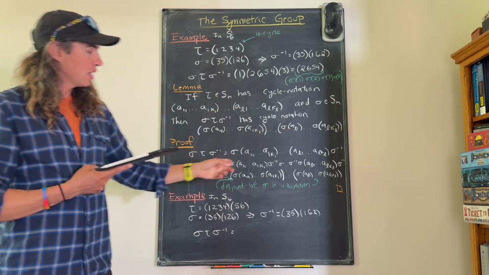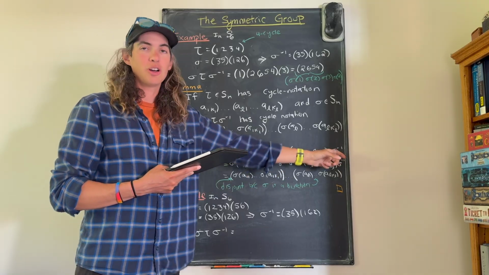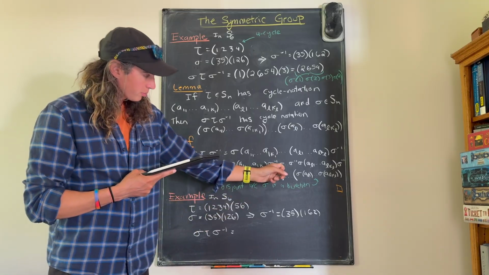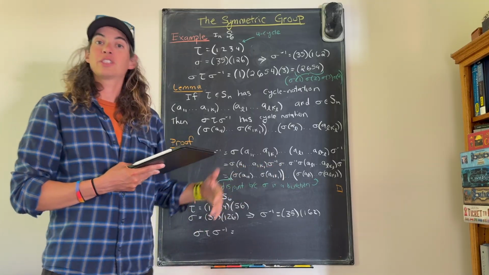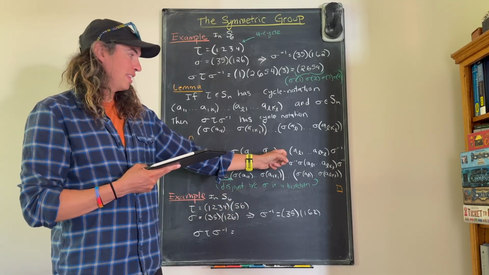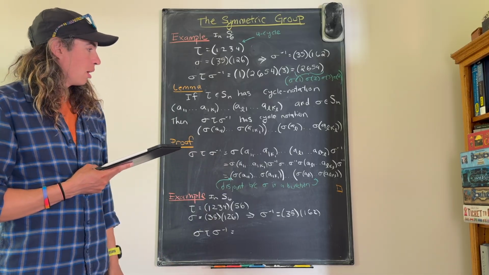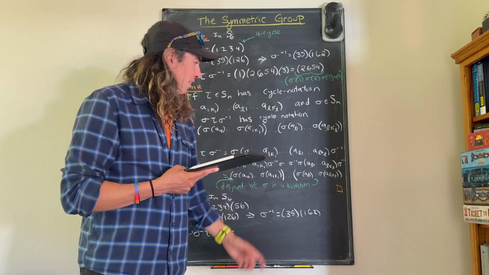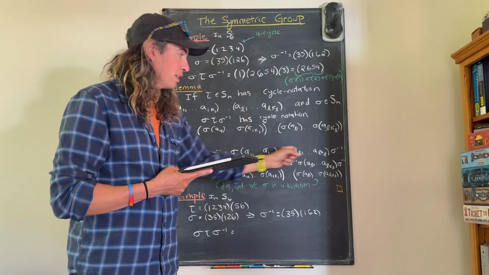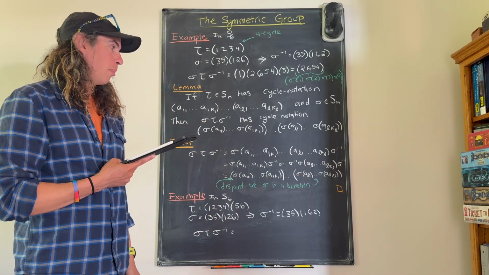And what that means is that I can insert sigma inverse sigma in between each of the cycles. Because sigma inverse sigma is just the identity, and so having nothing there is the same as having the identity there, which is the same thing as having sigma inverse sigma there. Excellent. So I do that in between each of the L cycles.